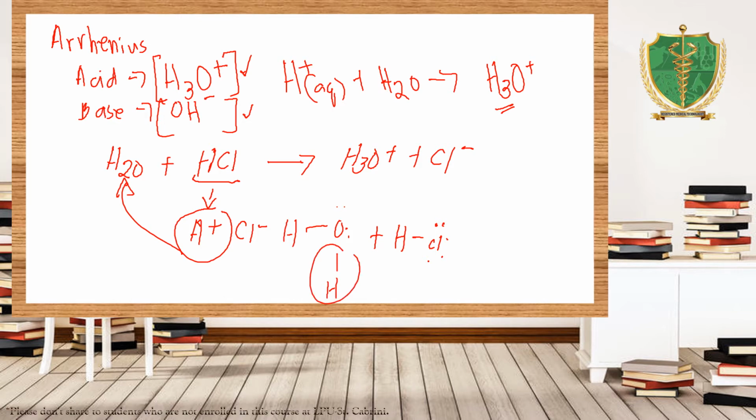This water molecule reacts with the hydrogen from the hydrochloric acid so that it will give us hydronium ion. Remember, according to Arrhenius, acid is the one that produces hydronium ion.